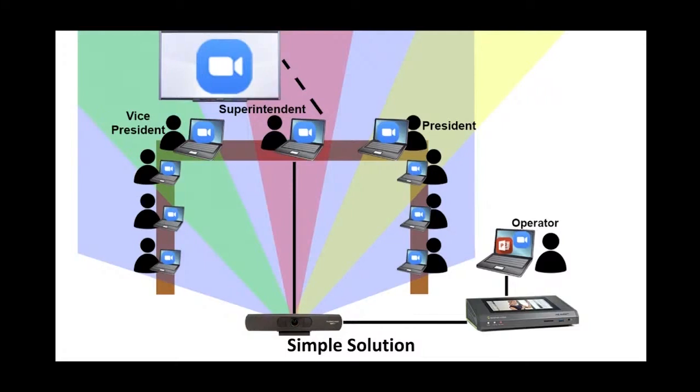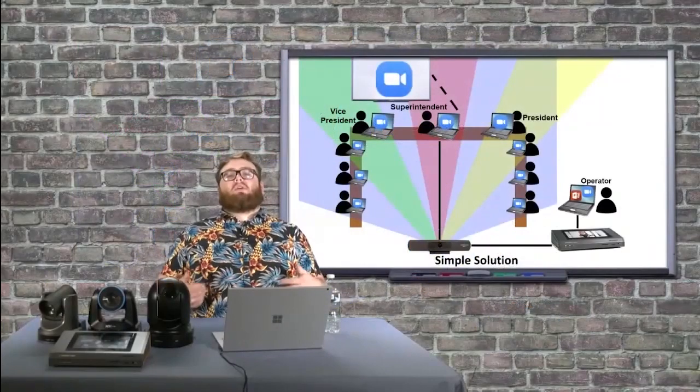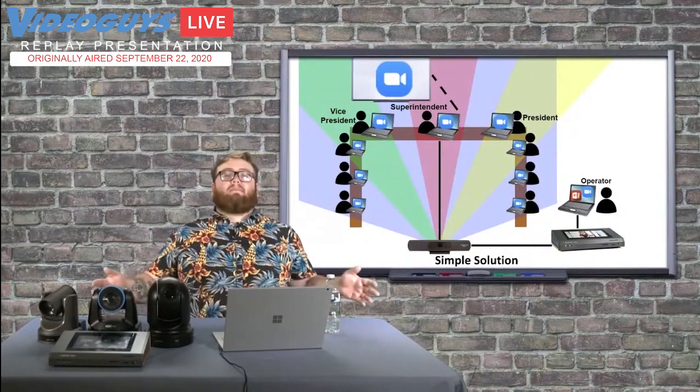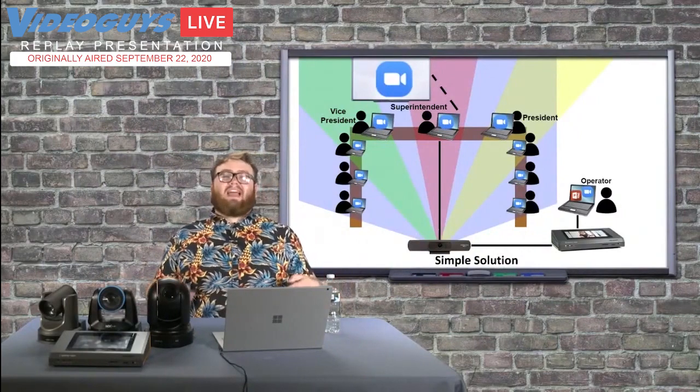And so now he's got the PTZ camera, which has a preset of the superintendent, or maybe it's moving around the room to show off all of the people present. And he's got the presentations on there, which he can feed right into the Pearl Mini and stream to the community. Well, the Zoom call is for the members of the Board of Ed that are present in the room at that time.